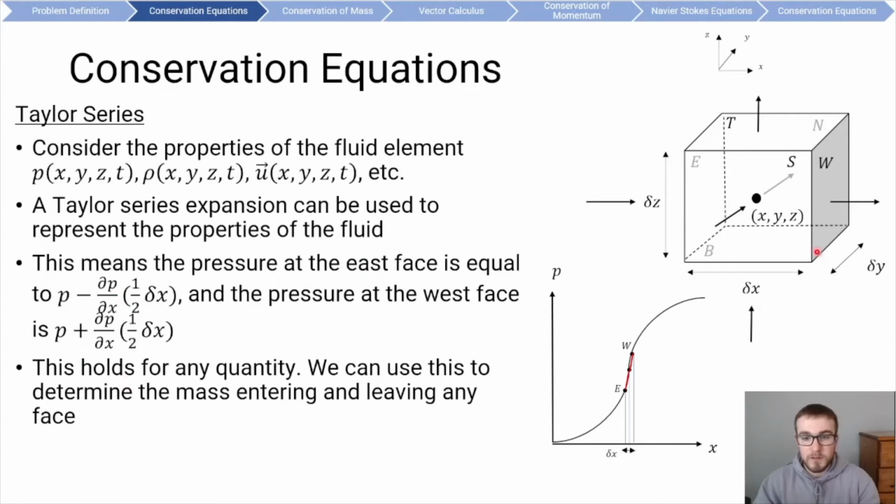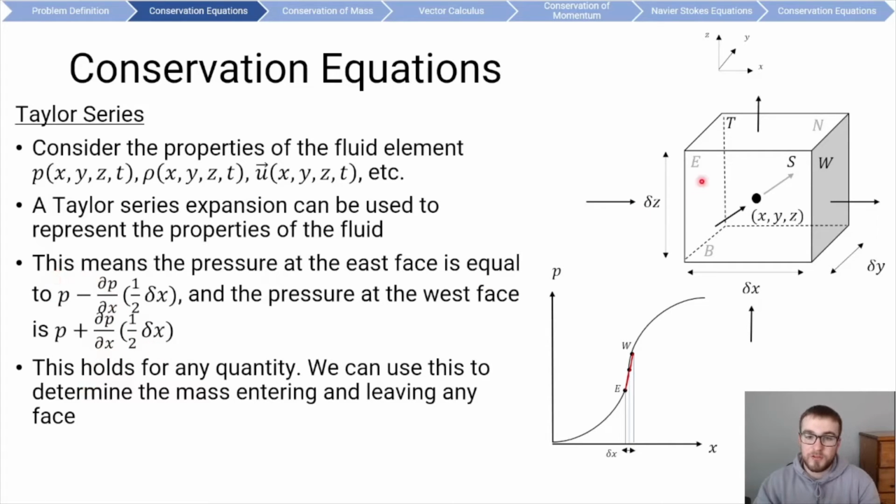So the pressure at the west face will be described as P, which is the pressure at the center, plus dP dx times the distance between the cell center and the west face, which in this case would be a half this distance here, delta x. So the pressure at the west face can be described as P plus dP dx times a half delta x. This is essentially P plus the derivative times the distance.